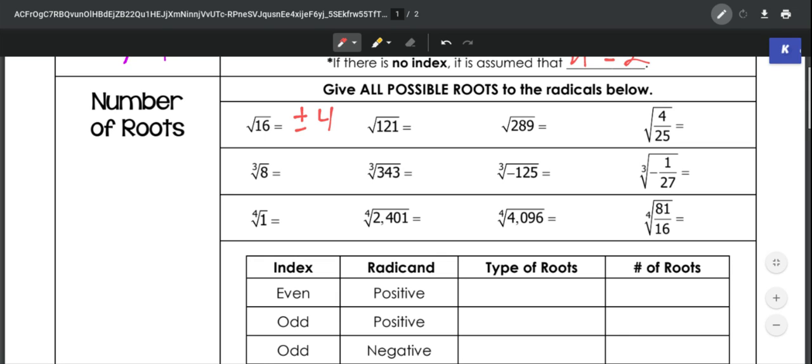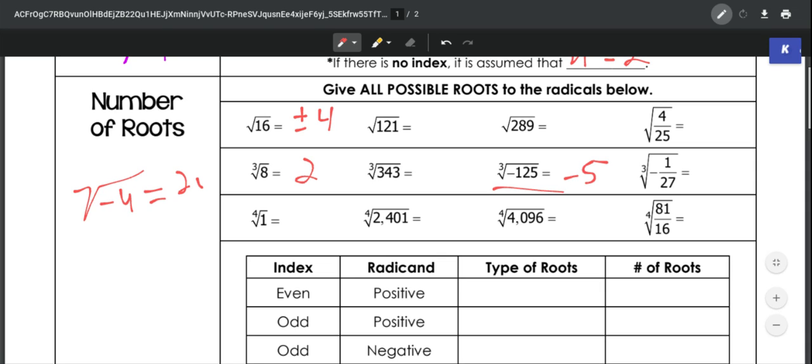An example of a cube root, the cube root of 8 is 2. Say that we were looking at the cube root of negative 125, that would be negative 5. So with a square root, when we have a negative 4, our answer is actually imaginary.